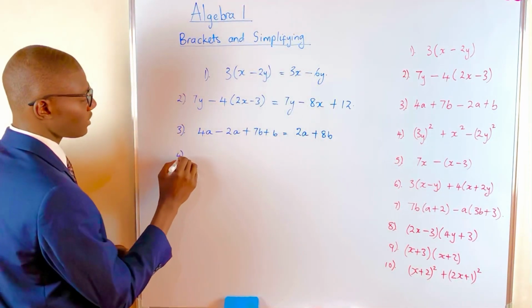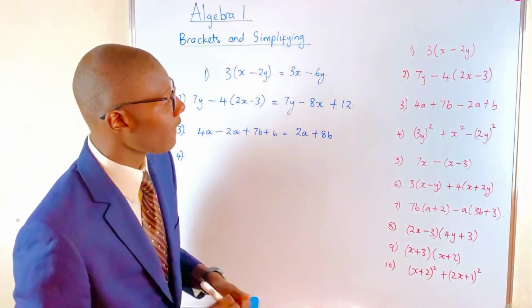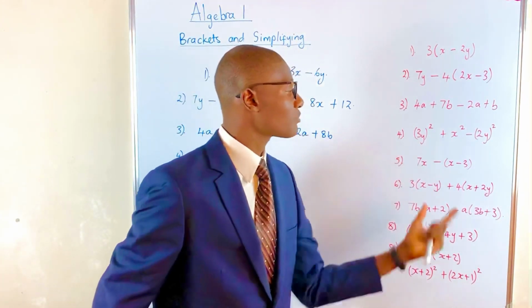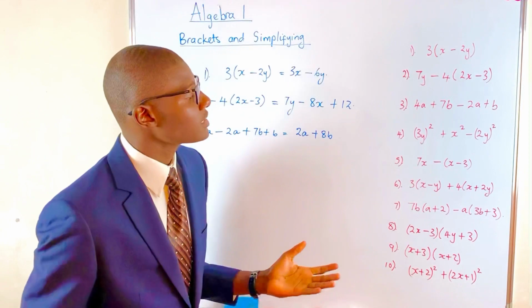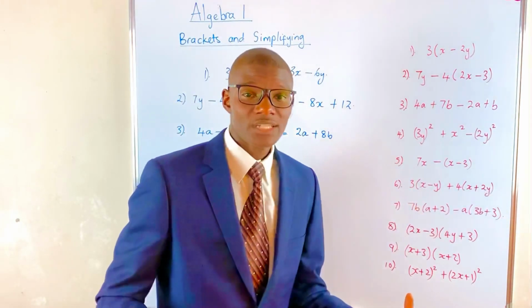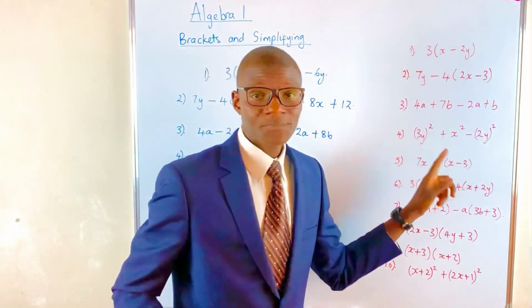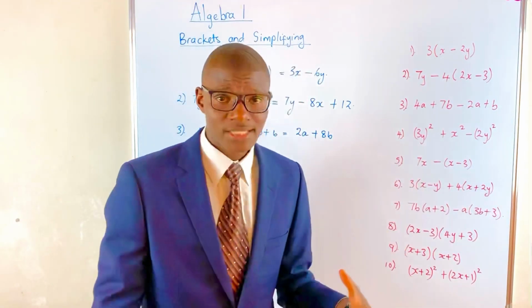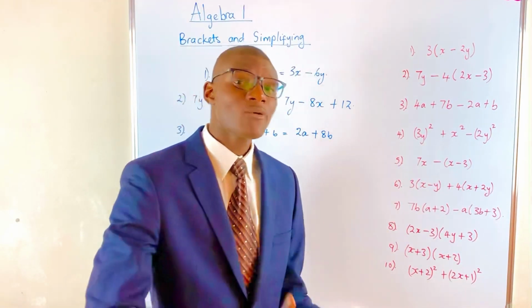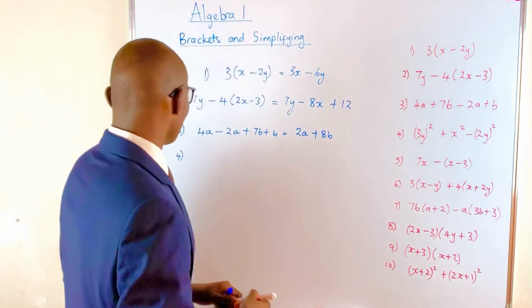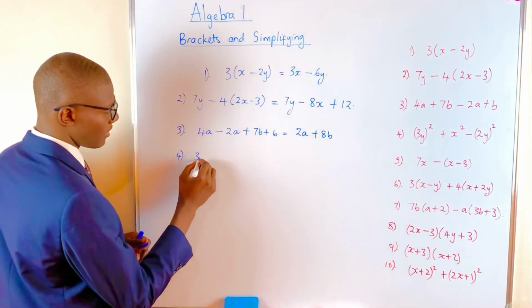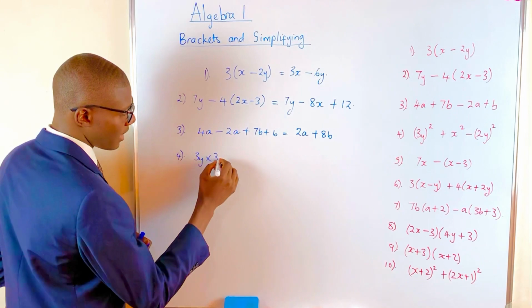Now for the fourth one, we are saying (3y) squared plus x squared minus (2y) squared. So first of all, let's remove these brackets. So (3y) squared implies that it's 3y times 3y.